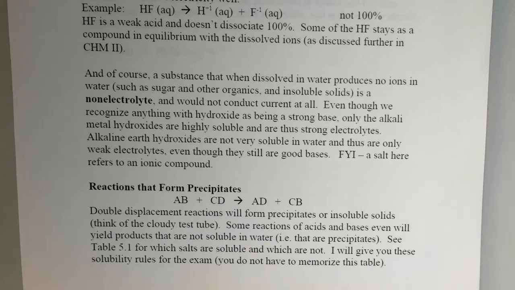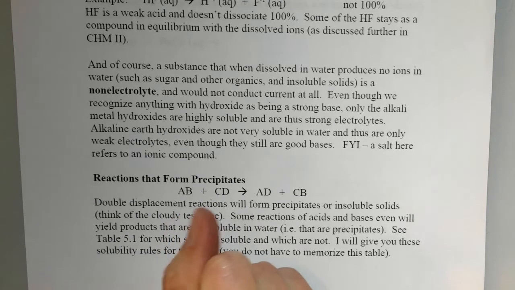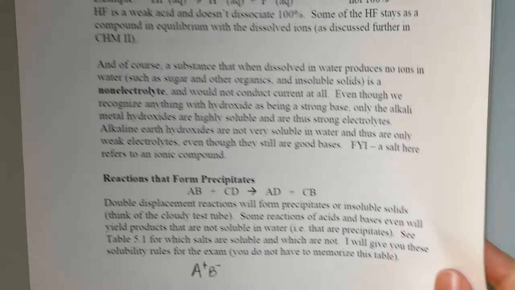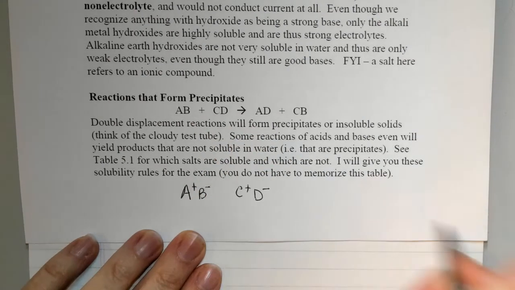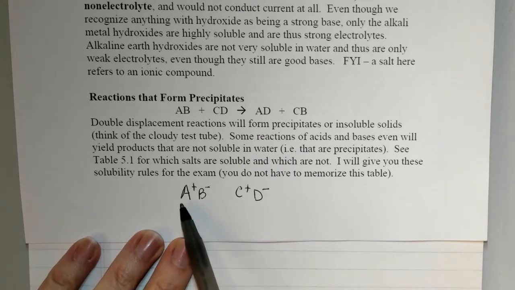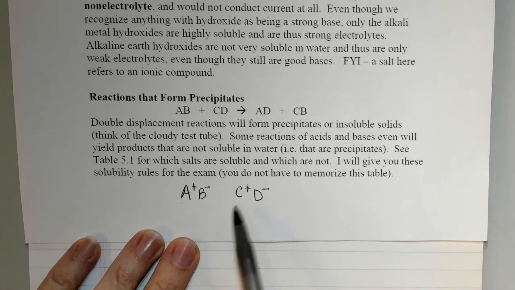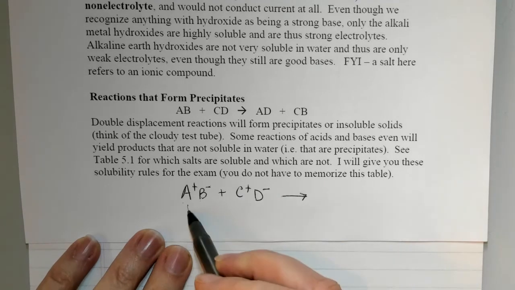And what you predict is, and you can kind of see this, right? A would be the cation, B the anion in that first compound. Sorry, let me move that up. And then C would be the cation, D the anion in the second compound. So if we had something like sodium chloride, the sodium ion and the chloride ion, those would be separate, right? They'd be floating around in the water separately. And what we predict here is that A will go with D, right?